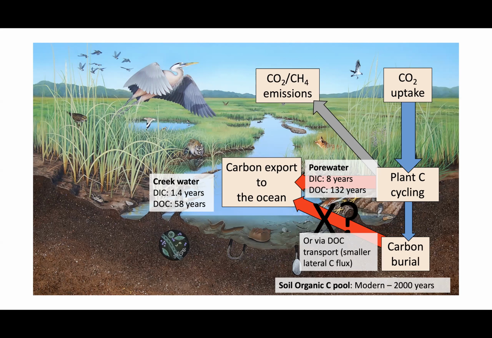But in the creek waters, again, we had a higher number of DIC than DOC samples. DOC, I'll just say, also was really hard to measure comparatively for the C14.